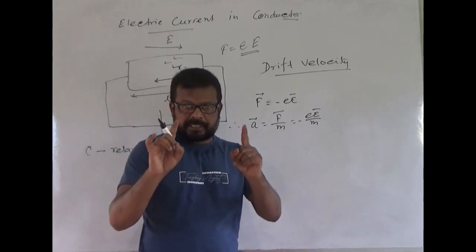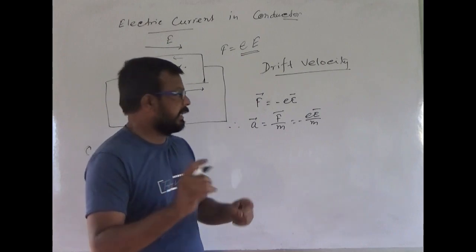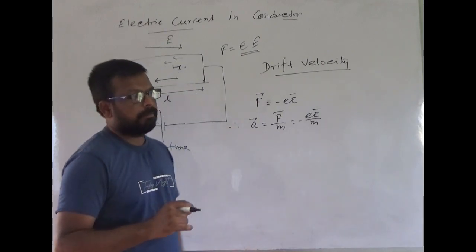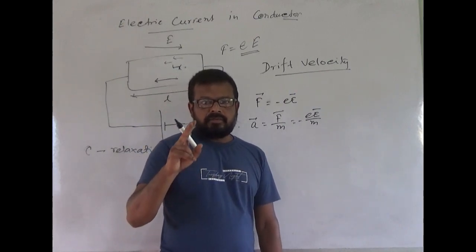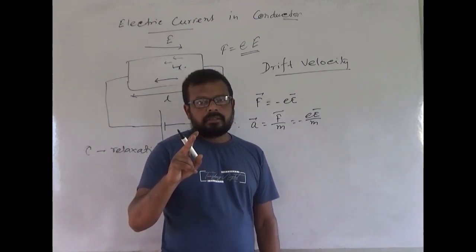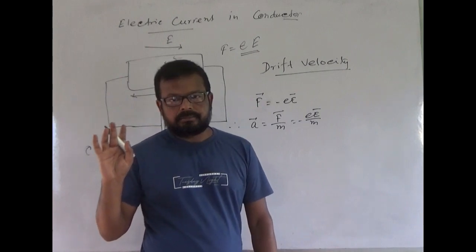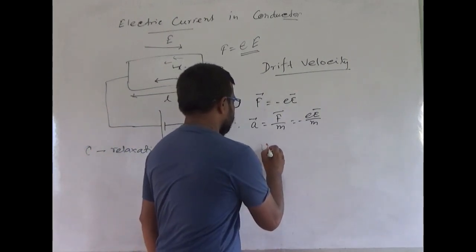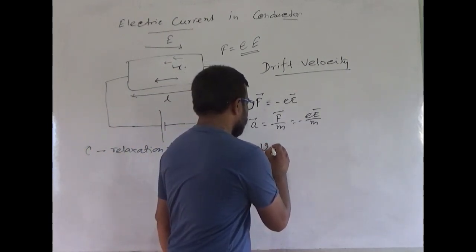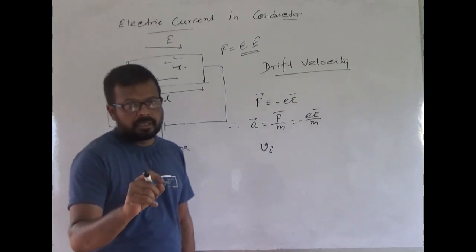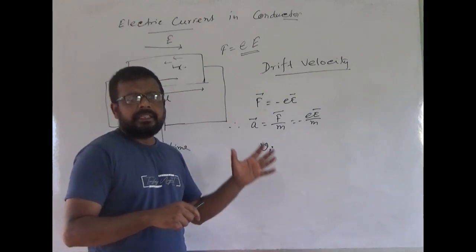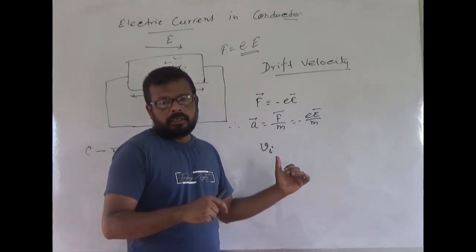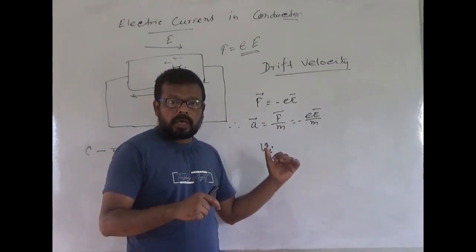We are considering a particular time interval. Let the velocity after the last collision be Vi. That is the initial velocity which we are going to discuss.